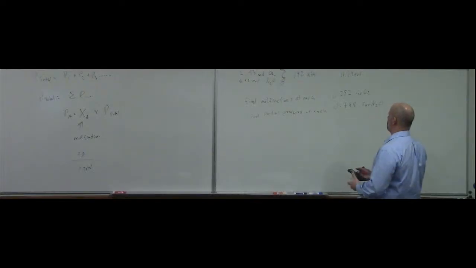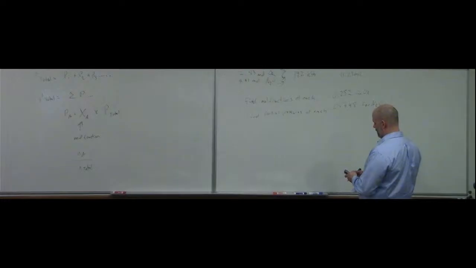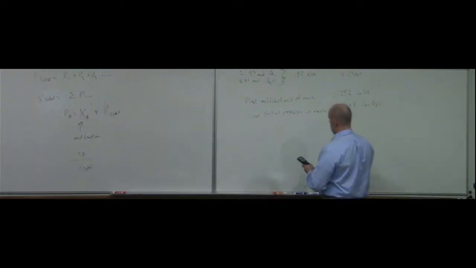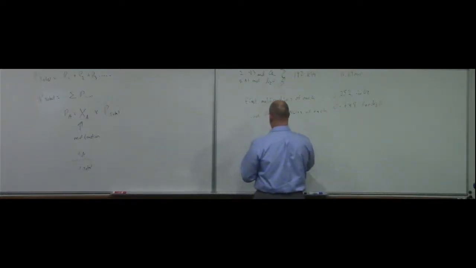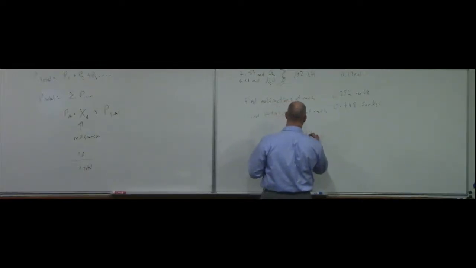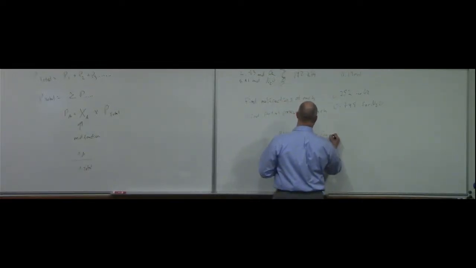All I should have to do is multiply that by my total pressure, right, to get my partial pressure. Yeah. So 192 times 0.252 equals 48.384 kilopascals for oxygen.